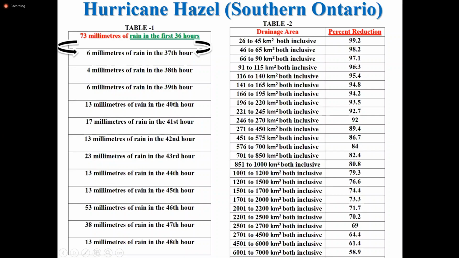Likewise, these factors are given all the way to, if the watershed area is between 6,001 and 7,000 square kilometers, then the effect is only about 60%. So area reduction must be applied.